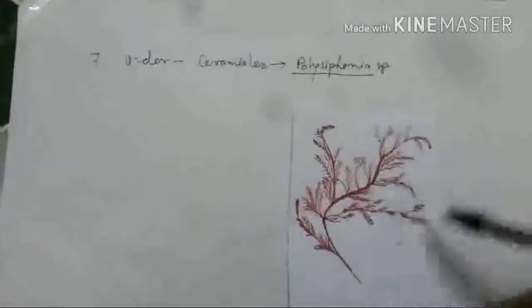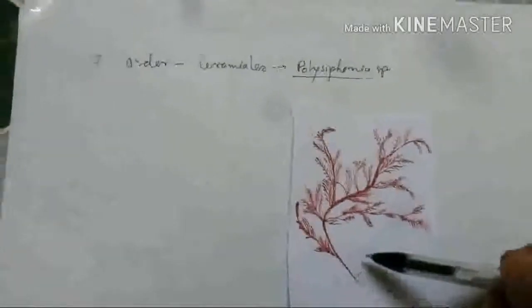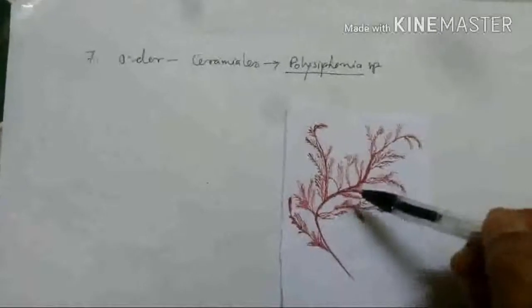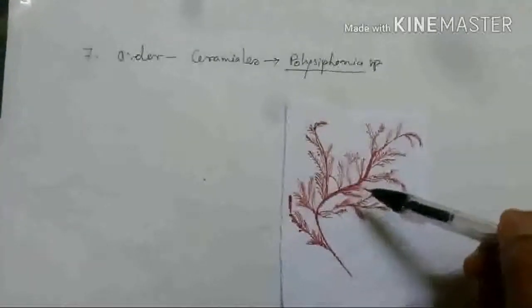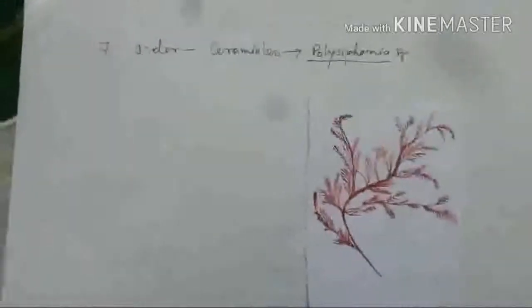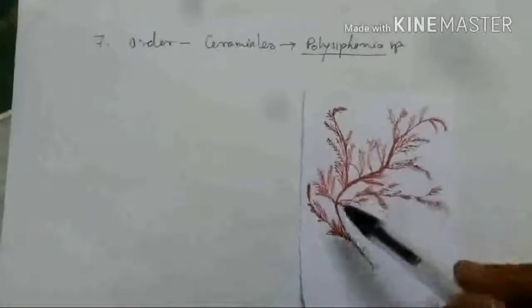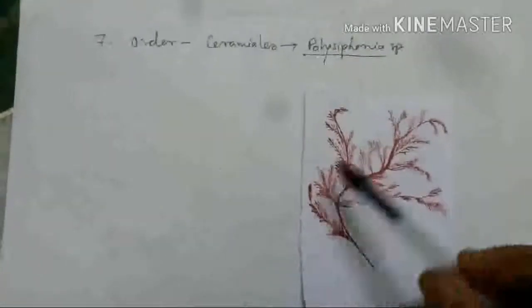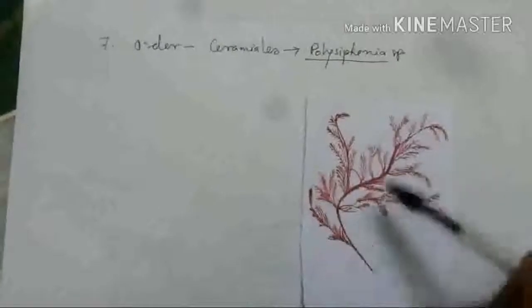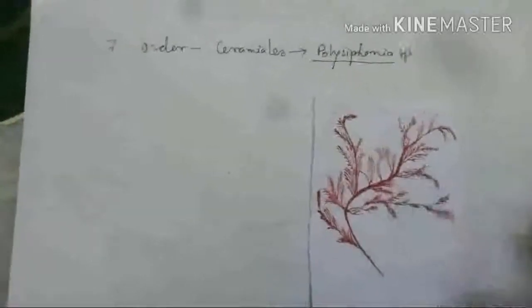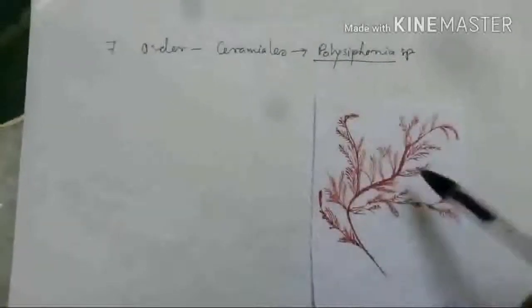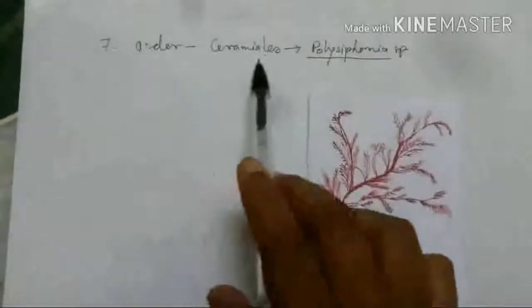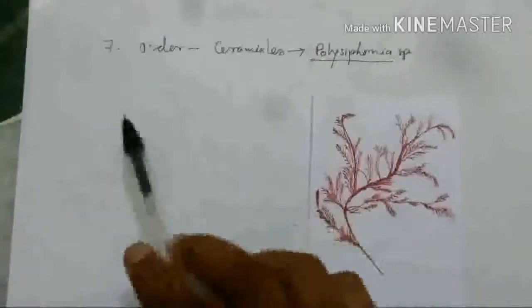This is a well branched algae, the branches are made up of siphonaceous cells, the main branch has limited growth, and the entire filament is covered with a gelatinous sheath. So this is a Polysiphonia algae, belonging to the Ceramiales order of Rhodophyceae.